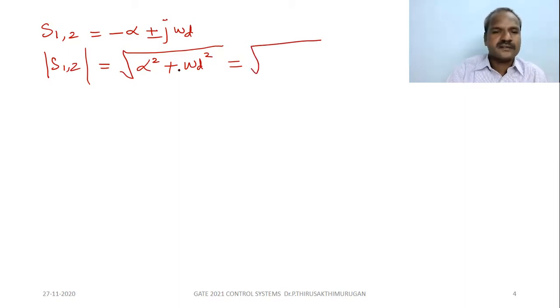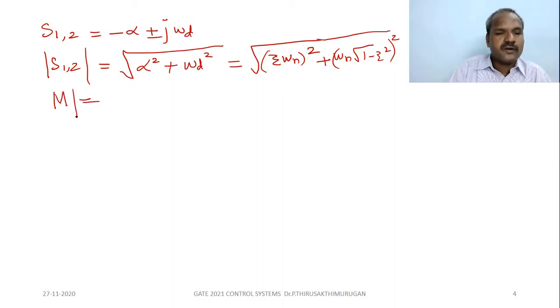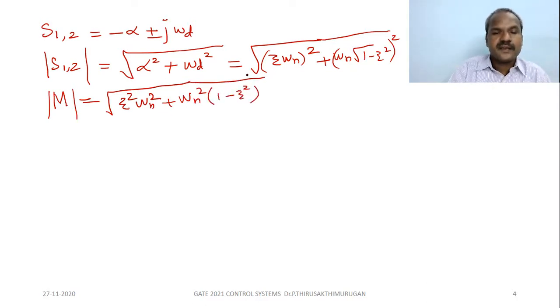Let us put it in. Alpha is zeta omega n, the whole square, plus omega n square root of 1 minus zeta square, whole square. So the magnitude equals the square root of zeta square omega n square plus omega n square, into 1 minus zeta square.